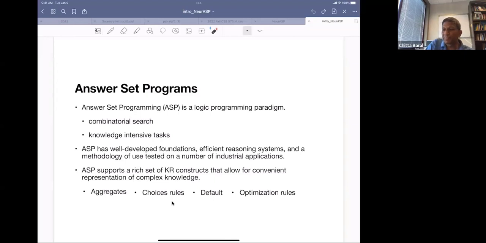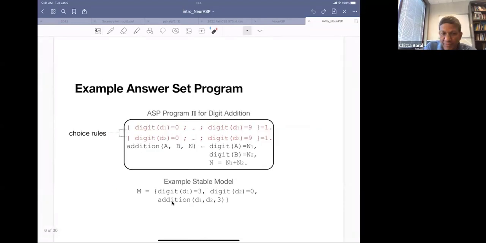So let me show you some examples, and this comes from this paper. Here, the first rule is a choice rule. The ones in red are choice rules, and the first one says in each answer set, the digit of D1 should have one of these values between 0 and 9.